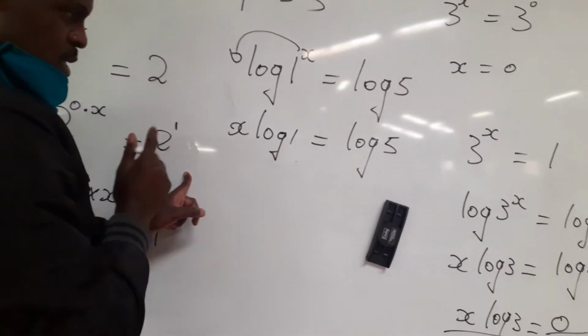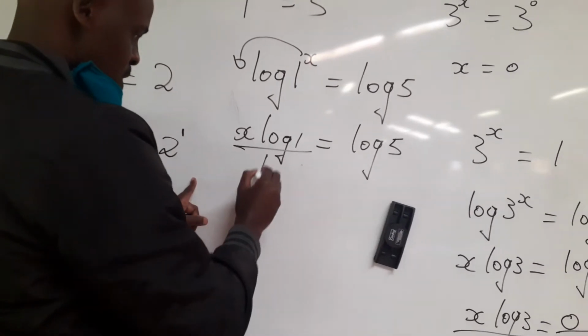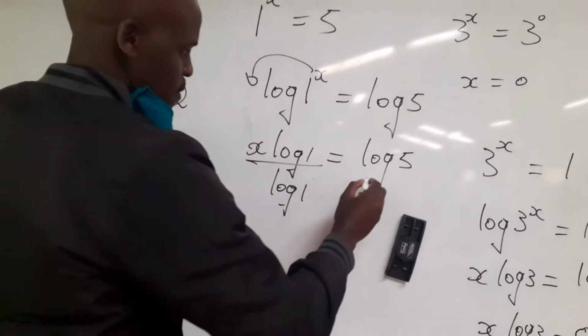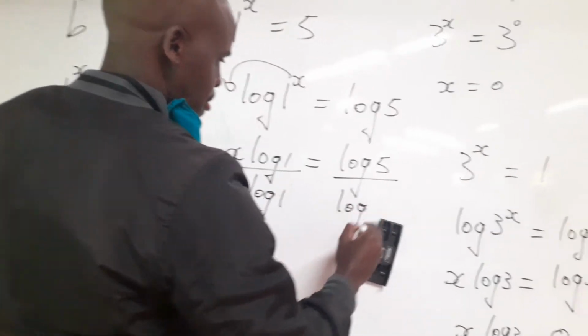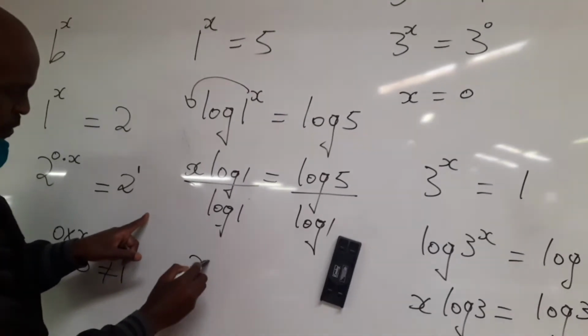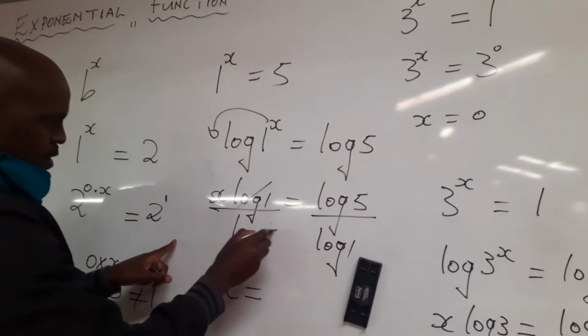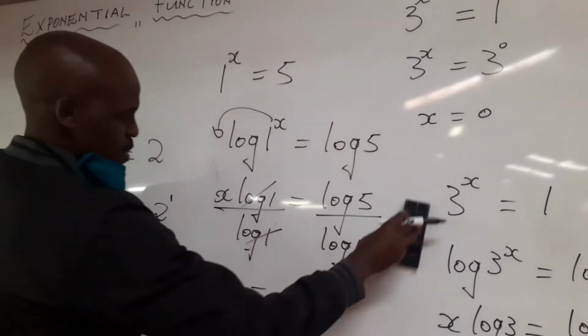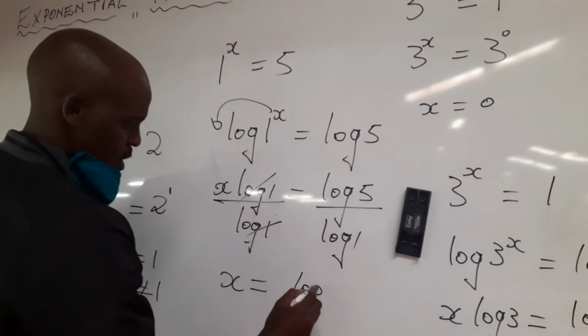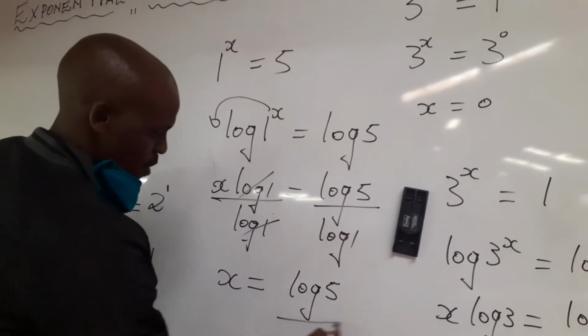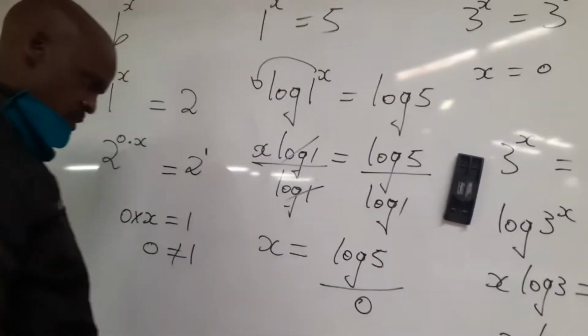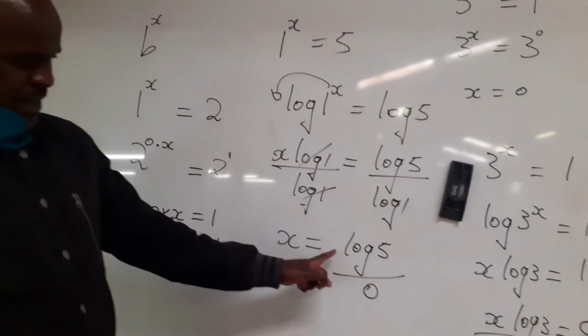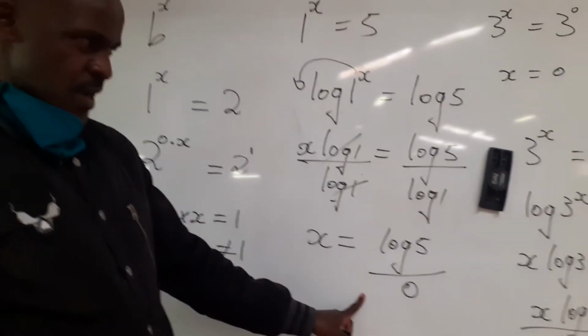Log 1 is 0, right? Let's divide by log 1. Therefore, x is equal to log 5 over 0. Any number divided by 0 is undefined.